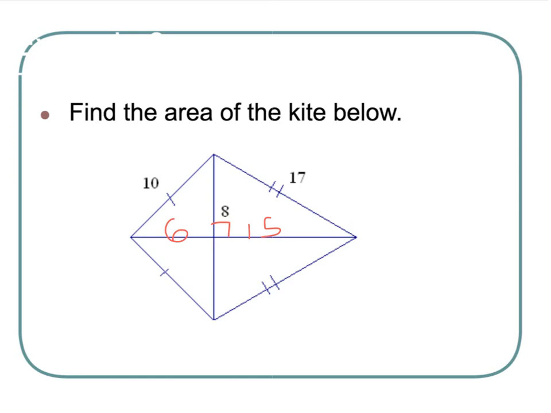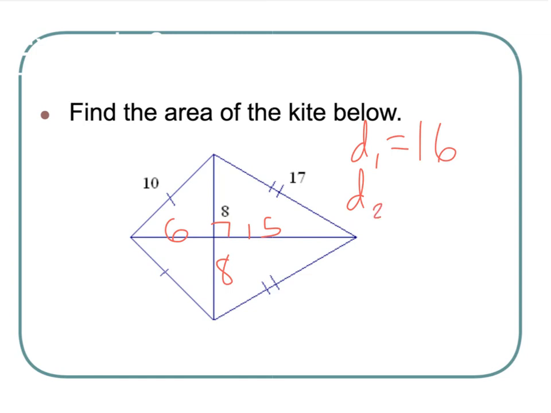This is crazy. So, I know from a kite that one of the diagonals perpendicularly bisects the other. Well, if this one hasn't been bisected, then the other one has to be. So this is going to be 8. Oh, and I remember that from chapter 5 because I don't forget anything. All right, so I get 8 and 8. That gives me 16 for diagonal 1, we'll say. It doesn't really matter which one's diagonal 1 and which one's diagonal 2.